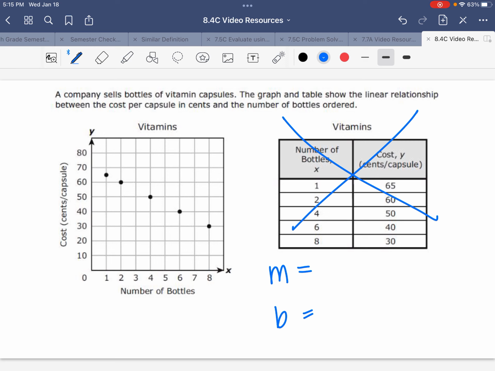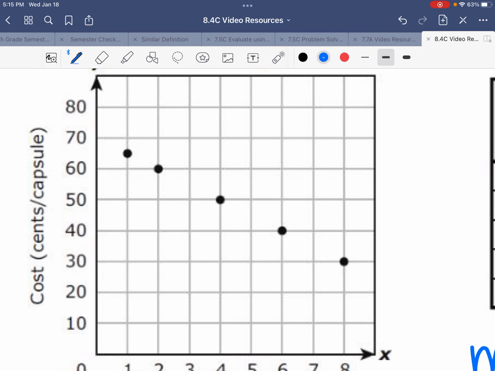So I notice that I don't see a point on the y-axis, but if I zoom in, I think that I can continue it. I see if it goes up halfway and then it goes over 1, then I can continue going up halfway and over 1 right here.